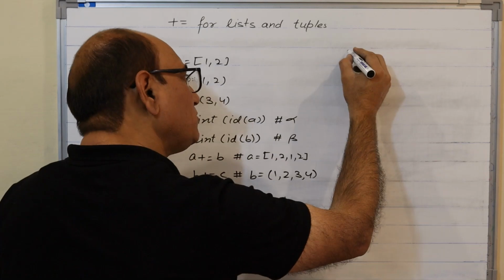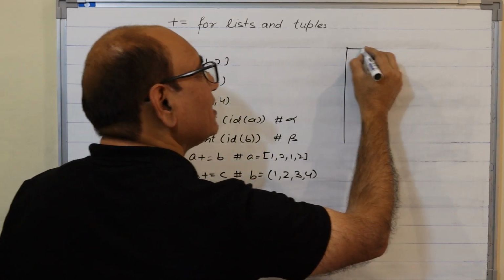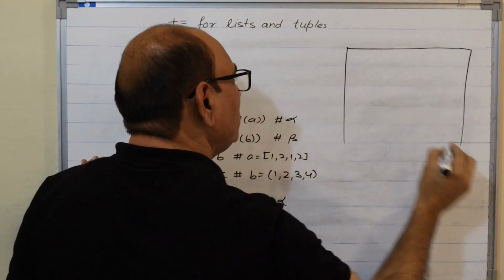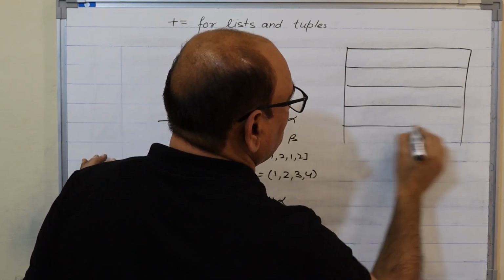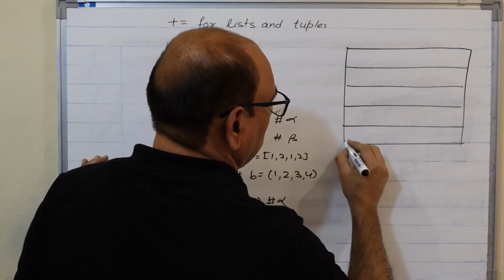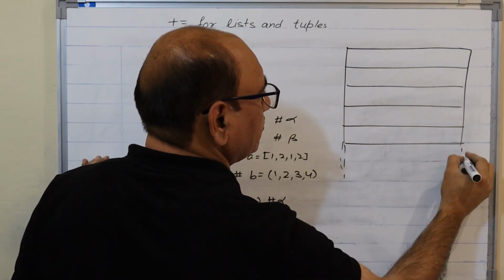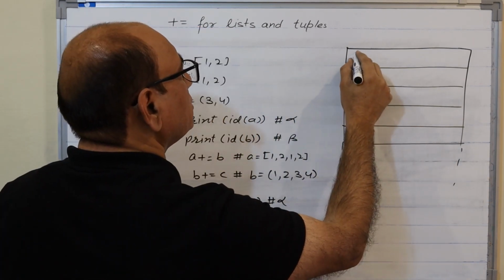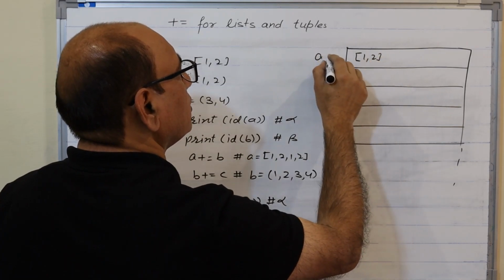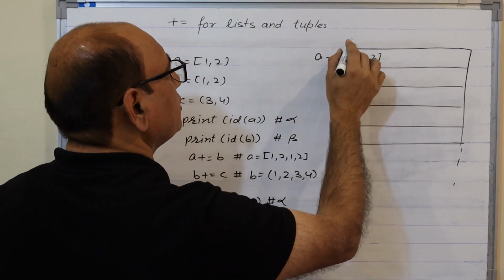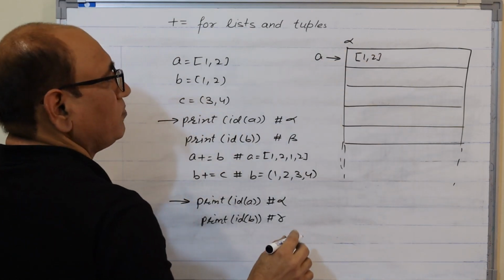So inside the computer's memory, what has happened is, suppose this is computer's memory with locations. Suppose A is stored at this memory location. This is the list 1 2. A is pointing to this memory location, it has the address alpha.